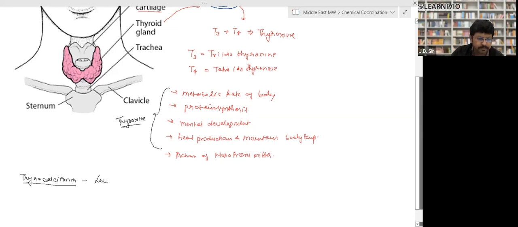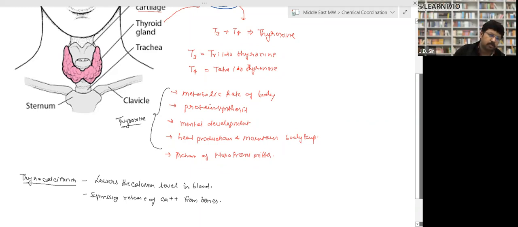It lowers the calcium level in blood by suppressing the release of calcium ions from bones. Full stop.